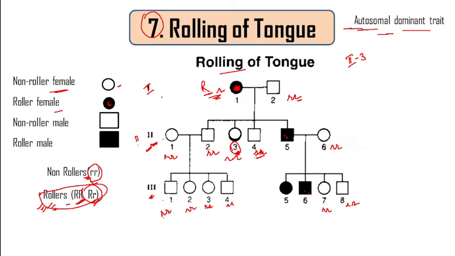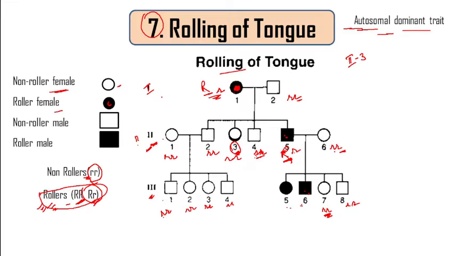How? One small r would have come from here and one small r would have come from the father. The other allele possible here is capital R, because in this particular condition only the individual is going to be roller. Now here only these two are left.